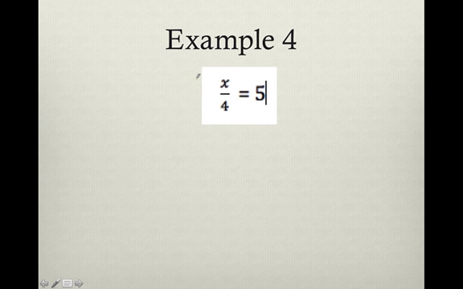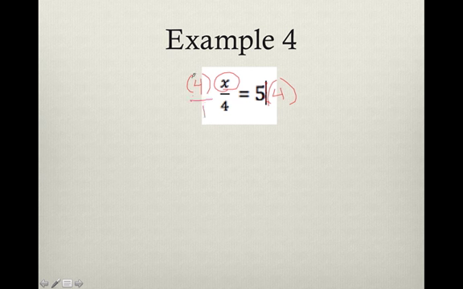In this example, here's my x. It's attached with a division of 4. The inverse operation of dividing by 4 is multiplying by 4. I'm going to show multiplication by 4 on both sides. Sorry, that shouldn't be there. That's a 5. So I'm going to multiply both sides by 4. This is 5 times 4.